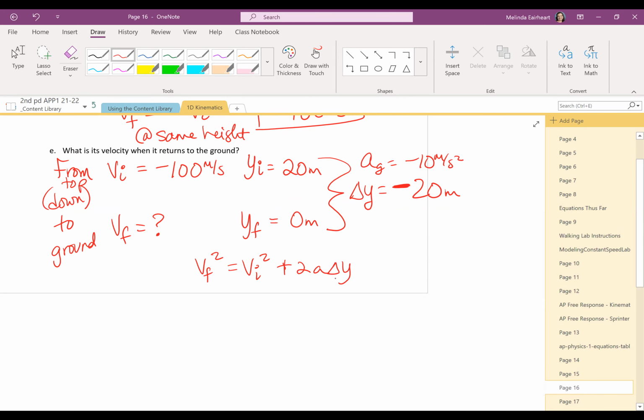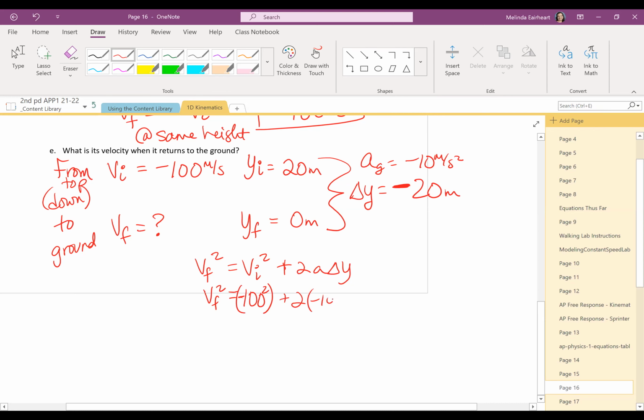Now solving for final velocity, here's where we got to slow down. Square root, I got to think, is it positive? Is it negative? Because the calculator is going to spit out positive. And so VF squared equals a negative 100 squared, but that negative is going to go away, right?